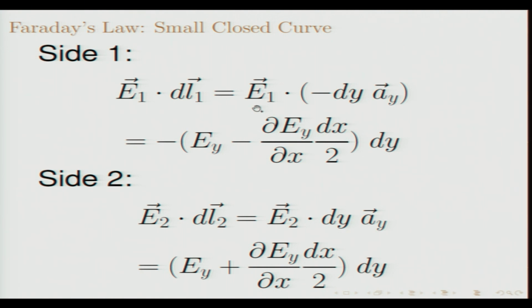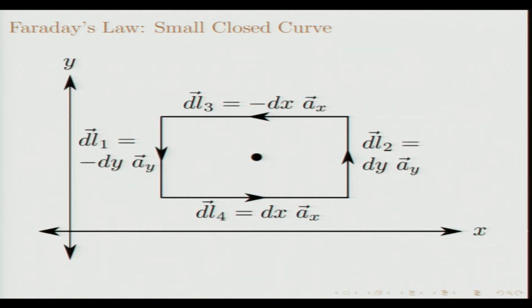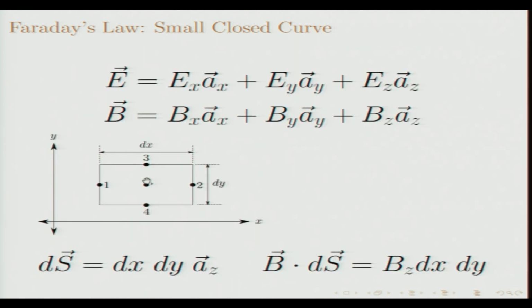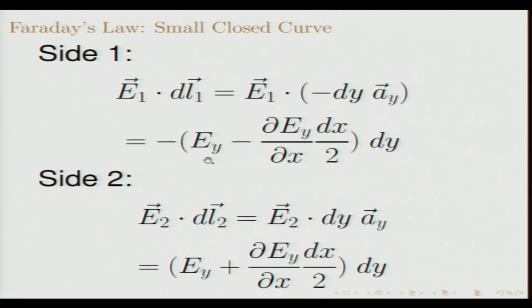In one previous slide I defined E at the midpoint of the curve, as we have seen in the first expression here. Therefore, if you go to side 1, E will be slightly different from what it is at the midpoint. But since this distance between the midpoint and side 1 is very small, we have taken an elemental curve.